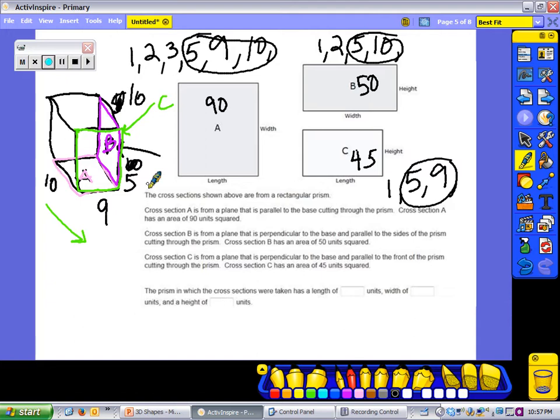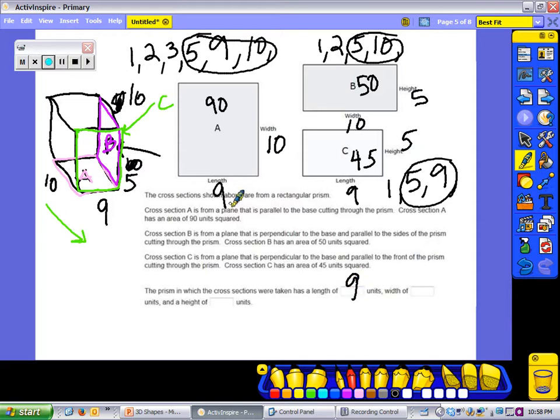So now whenever it asks us what is the length, well, this is a 9 by 10. We know that this is a 10 by 5. We now know that this side C is a 9 by 5. So the length is 9.